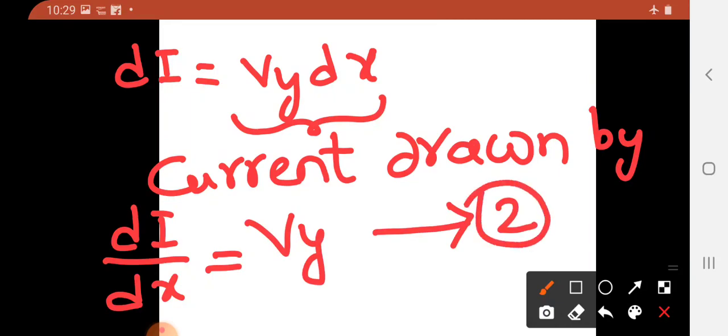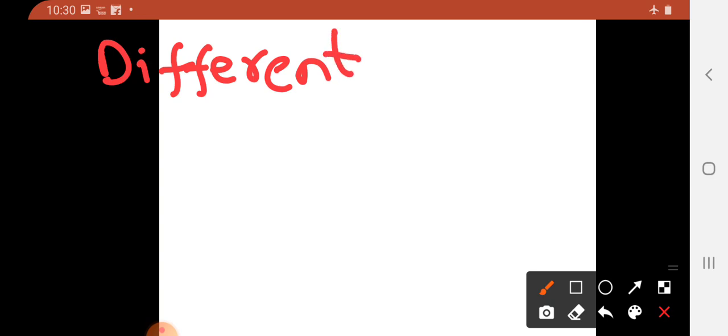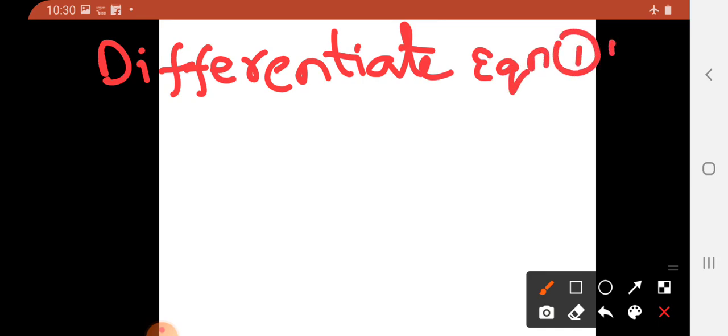Now let us differentiate equation 1 with respect to x. Equation 1 is dv by dx is equal to z i.